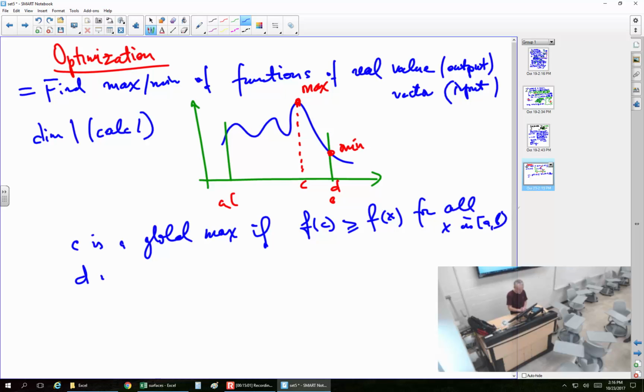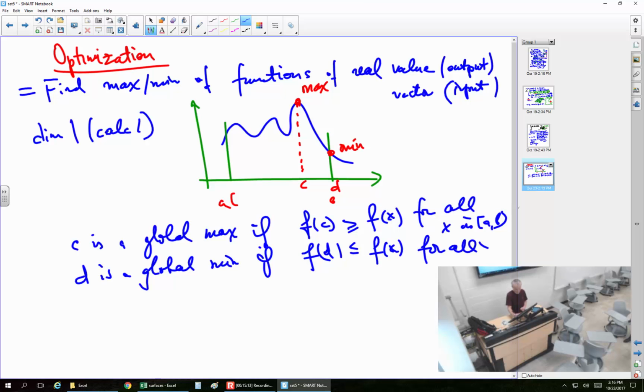And D is a global, or absolute if you prefer, minimum if f of D is less than or equal to f of x for all x in AB.